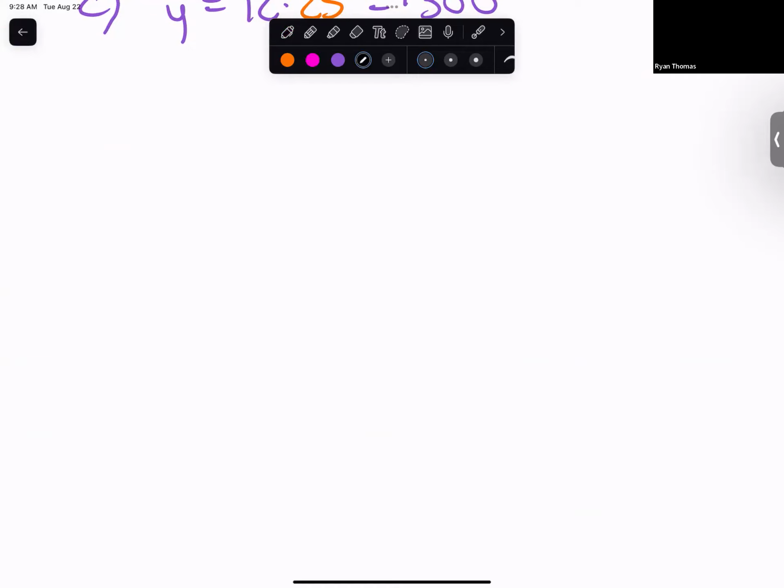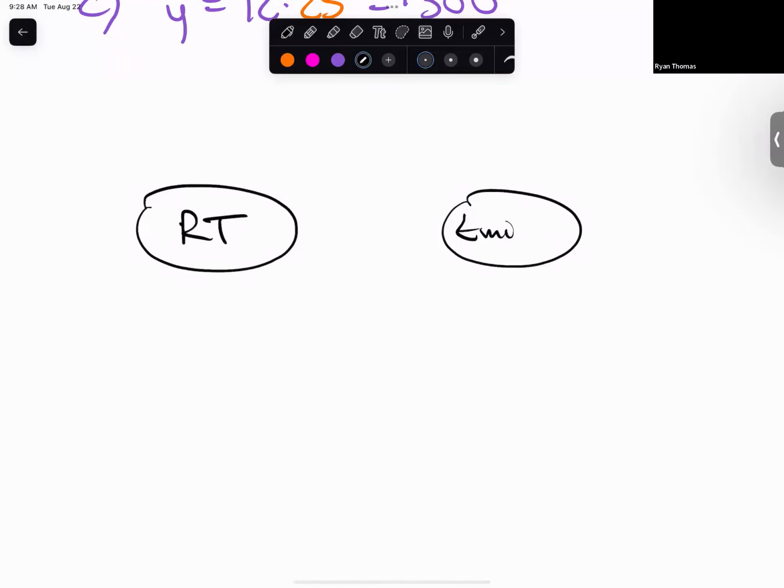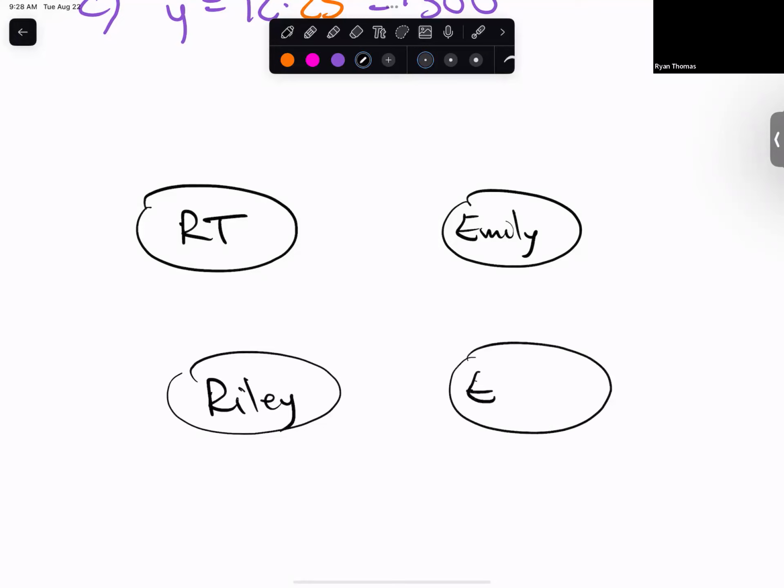So if you ask me, who's in my immediate family? Well, there's me, and there's my wife, Emily, and there's Riley, my son, and there's Ellie, my daughter.